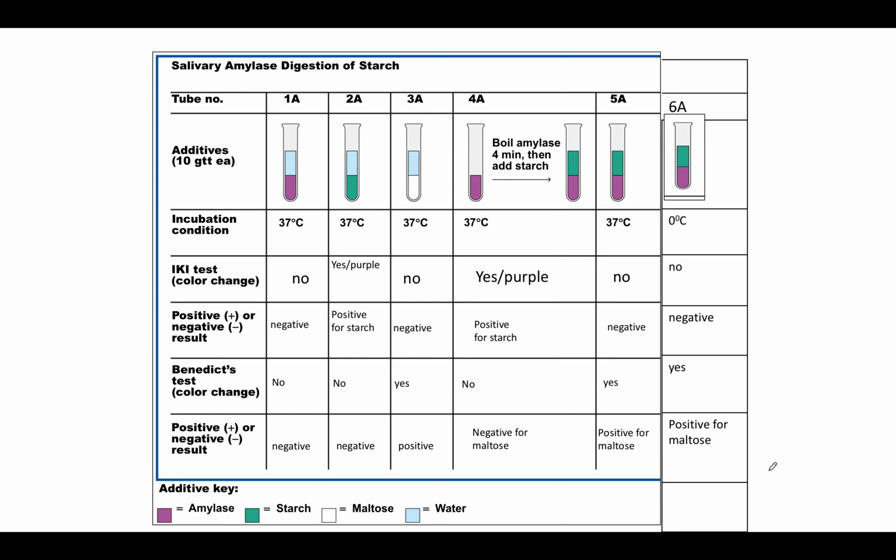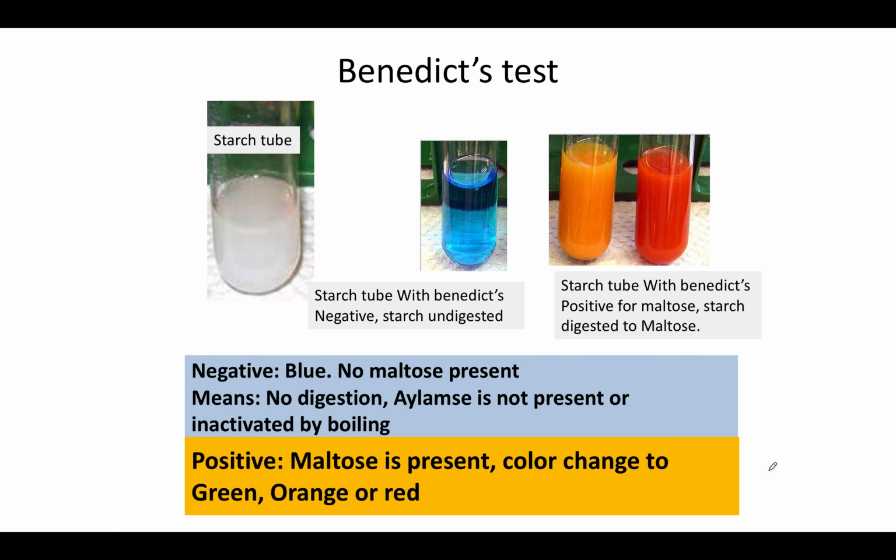If there is starch, it means there is no digestion. If there is maltose, it means that there is digestion of the starch. So here again some pictures for you. This is the regular starch solution, and this is the Benedict solution. If it's negative, if we add Benedict solution on the starch, this is what we're going to get.